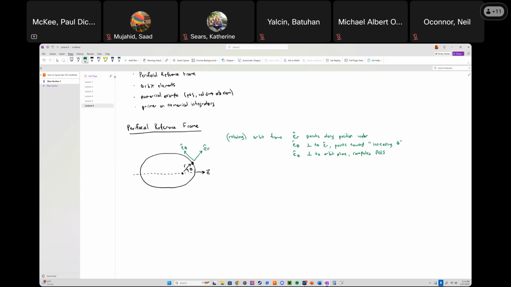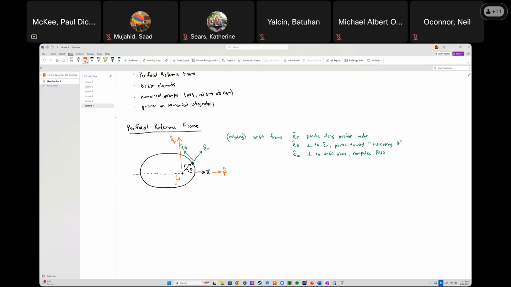Okay. Now there's another reference frame. I'm going to use orange for this one. And this reference frame is kind of implicit in the picture that we've already drawn. So here, if we just say this e direction, now we're going to call this the p basis vector. And then this direction here is the q basis vector. And then we also have the w basis vector coming out of the page.